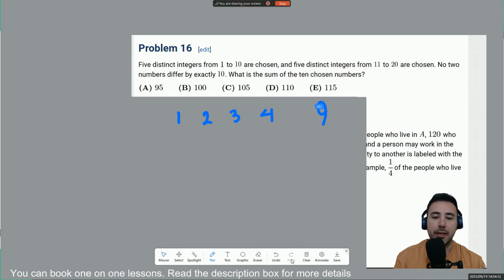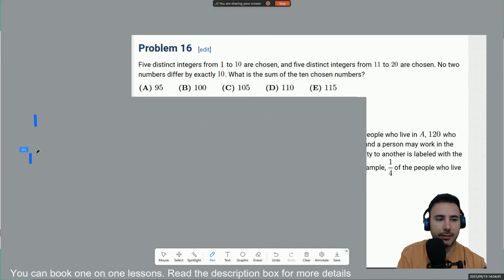Okay. And 5 distinct integers from 11 to 20 are chosen the same way. Now this is again another weird part. No two numbers differ by exactly 10. What is the sum of the 10 chosen numbers? So for example, let's write the numbers here. If I have 1, what is the number that differs by 10 from 1?